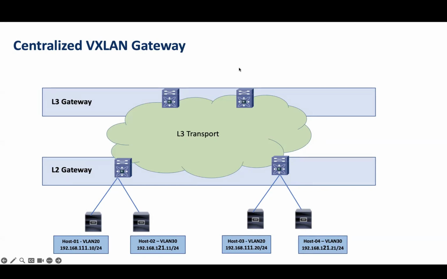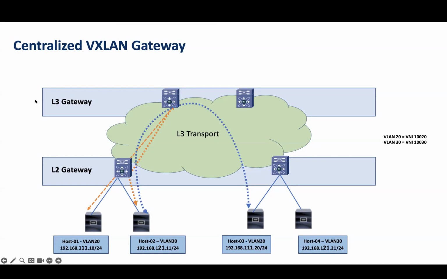Means inter-VNI or inter-subnet communication will be managed from the central location. Also, security policies and access control can be managed from the central location. Centralized Vxlan gateway deployment works pretty well for north-south traffic.